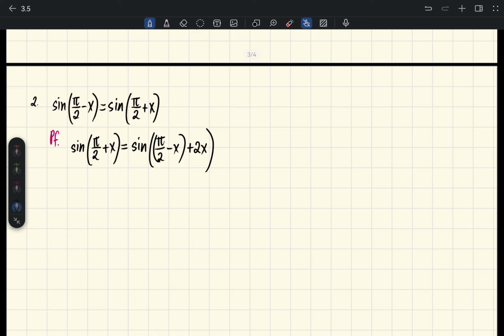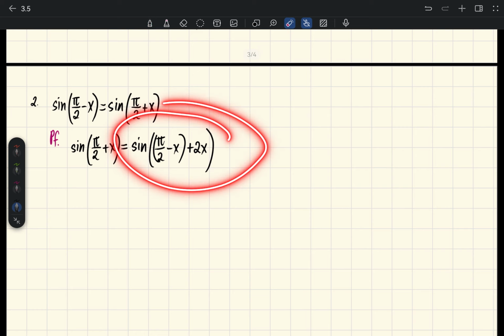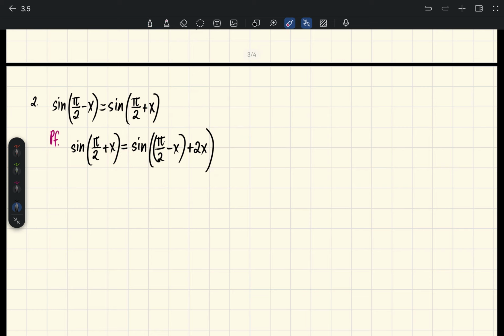And what do we see right here? What we see is sine of the sum of two angles. You have pi over 2 minus x and 2x right here. So we can use the sum identity for sine.